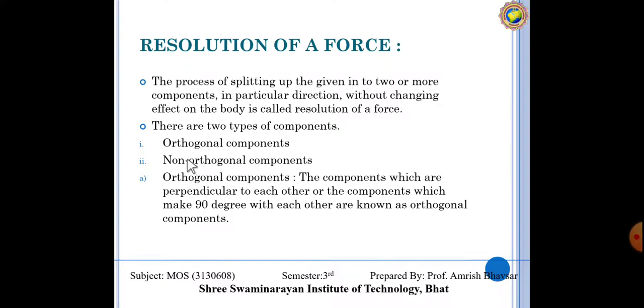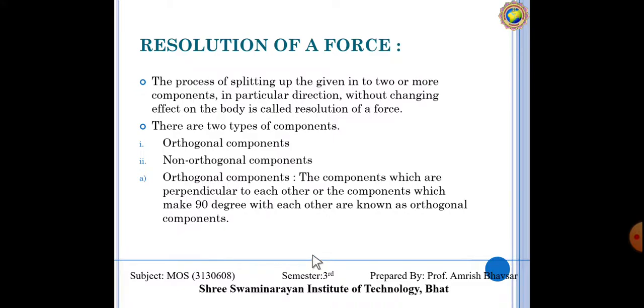What do you mean by orthogonal? It means forces are resolved exactly 90° to each other. So you know which are the main directions. Here we are understanding the chapter on coplanar forces, meaning the forces are acting in a single plane, and in a single plane there are two directions, x and y.